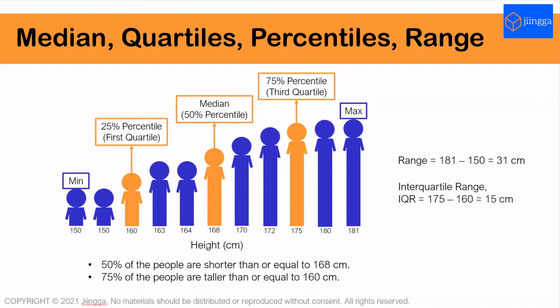So this person's height is 168 cm, which means that this is the threshold that distinguishes the first 50% which are shorter and the 50% that are taller. We can also call median as the 50% percentile.